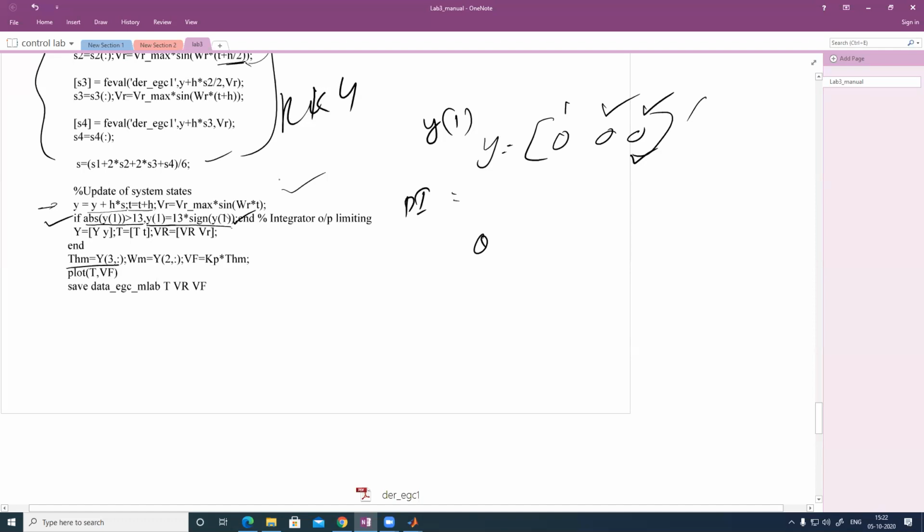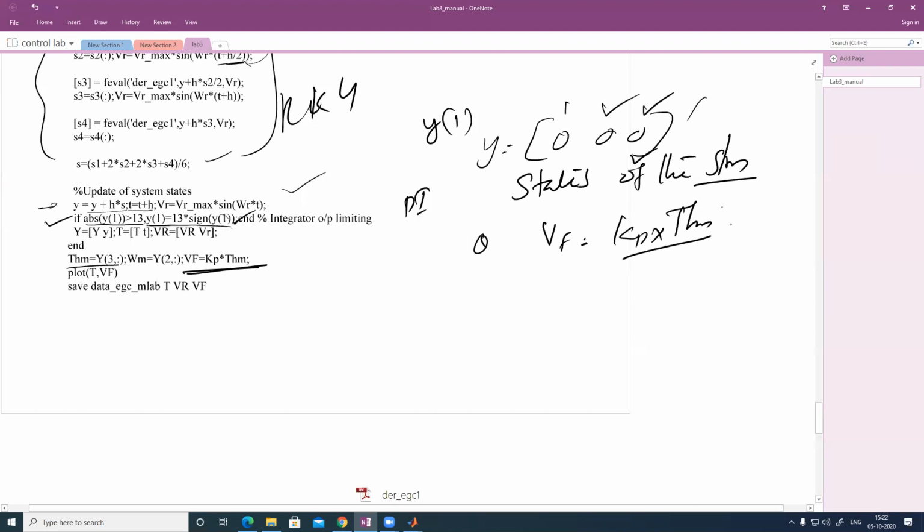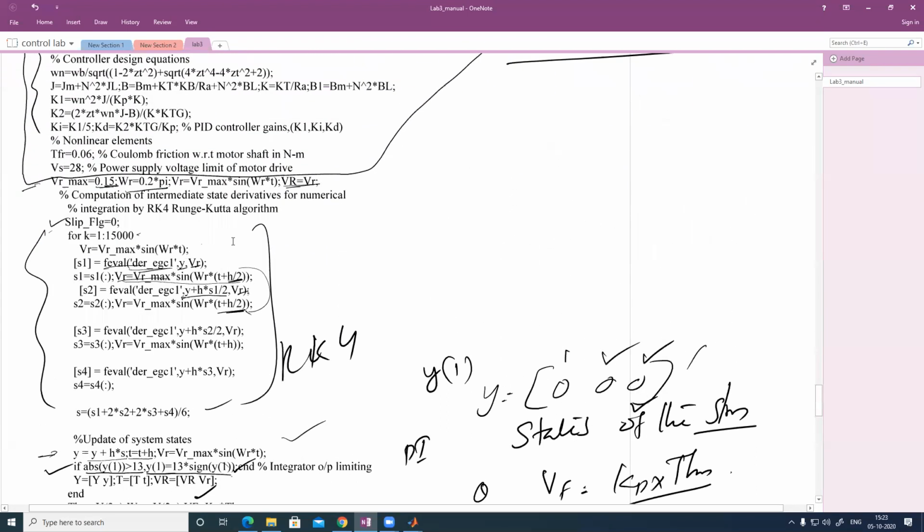These are called the states of the system. And Vf is equal to Kp into theta m. So Vf you are taking as Kp multiplied by that theta m output, and you are plotting these two. So you will get that plot for this equation.